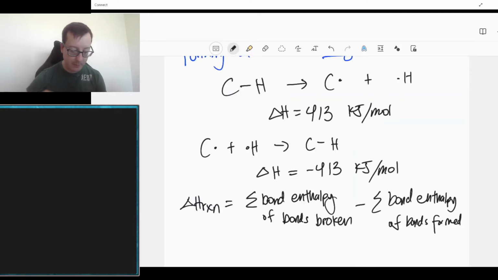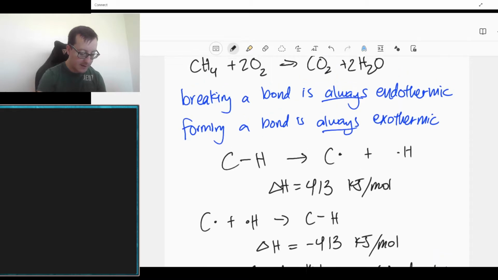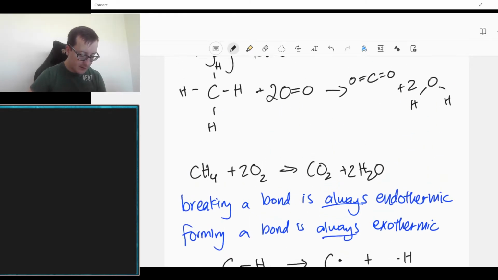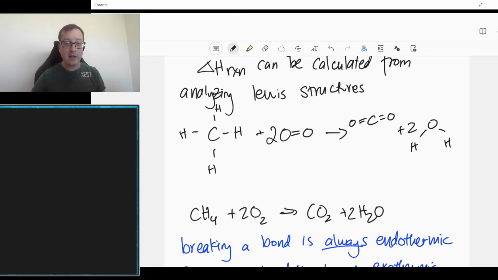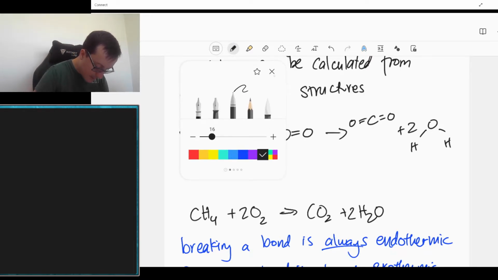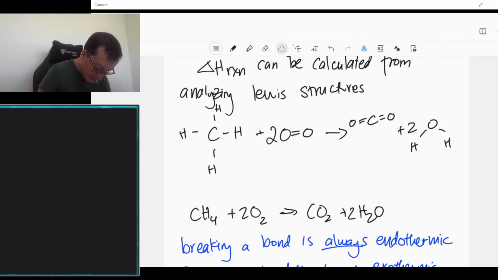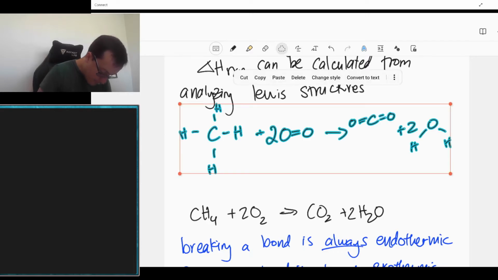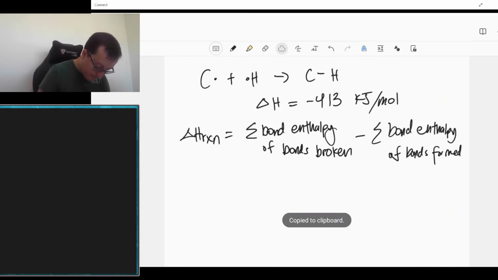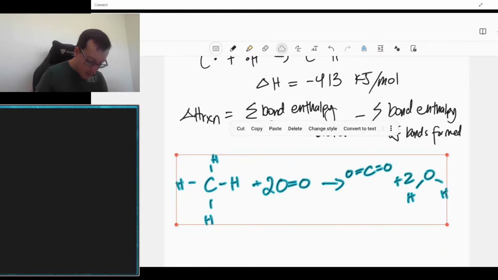But we can go ahead and take a look at this. So let's see, if we look at the Lewis structures here, what's actually happening. What are we making and breaking here? And I'm going to just go ahead and actually copy this down so we can see. So let's see what bonds we're breaking.